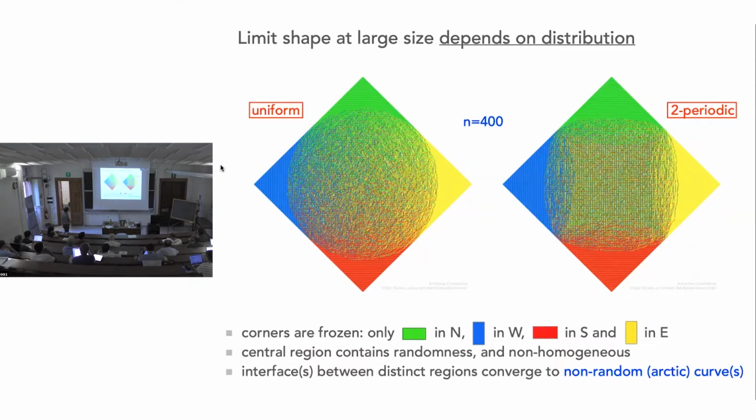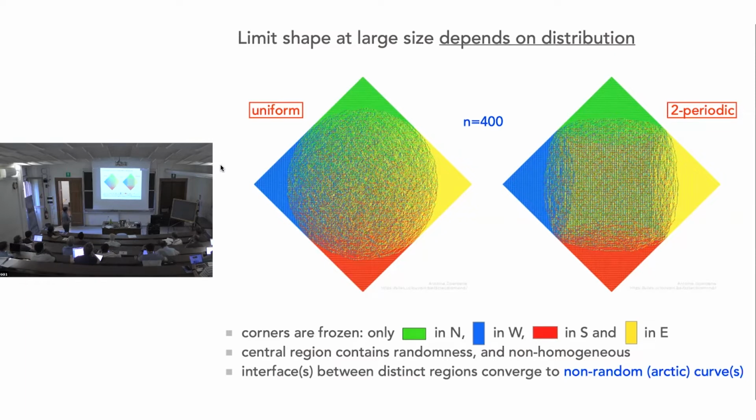It's a bit different on the right because you also see a curve emerging, but a new feature in this case is that you also guess a central region which is different. So you seem to have 3 different regions: frozen corners, some type of entropic region here, and in the central one, another type of behavior.